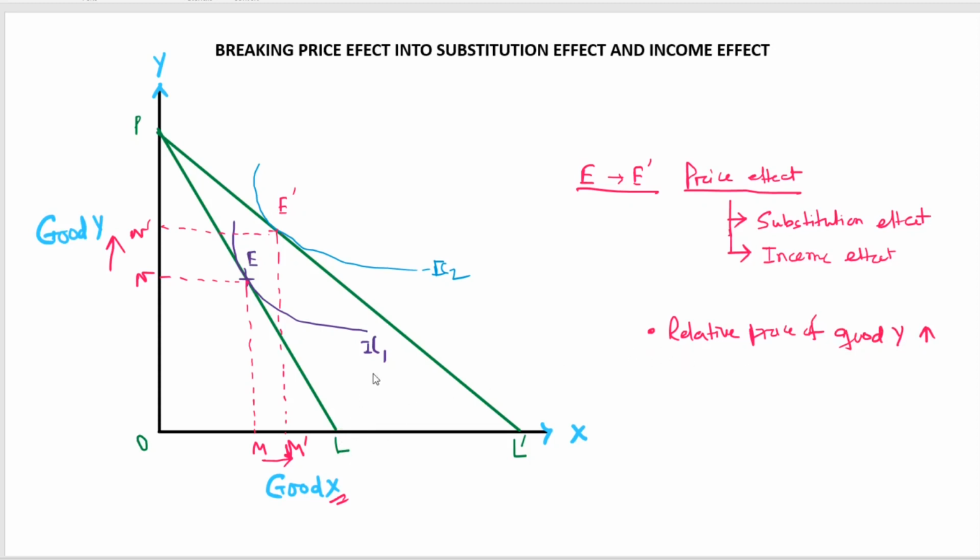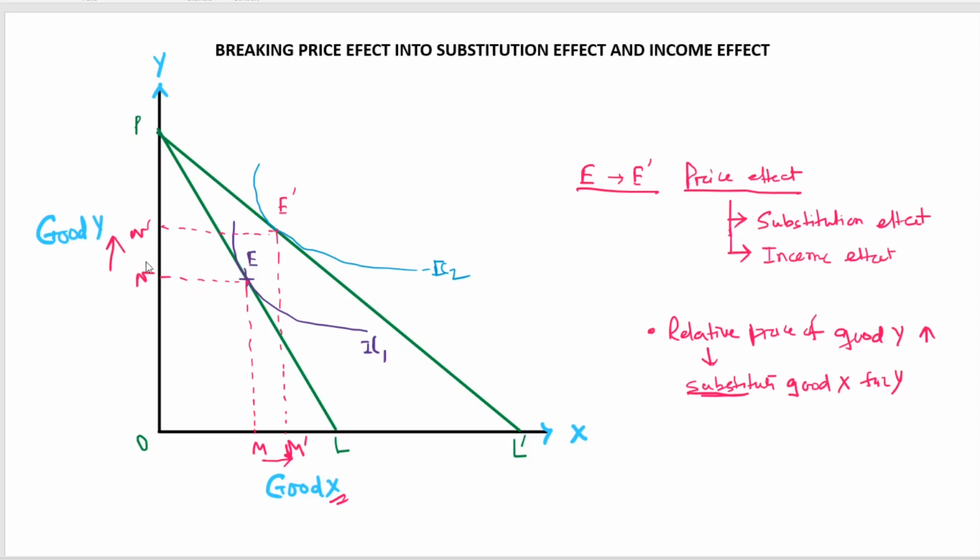Therefore, the consumer will substitute good X for good Y. So that substitution is always positive for good X and negative for good Y. That means for the substitution effect alone, the consumption of good X will increase and the consumption of good Y will decrease.